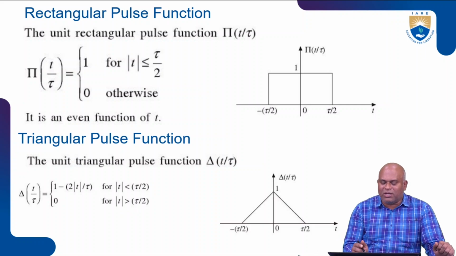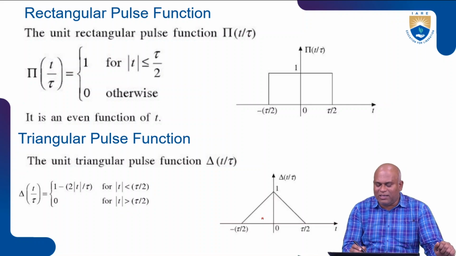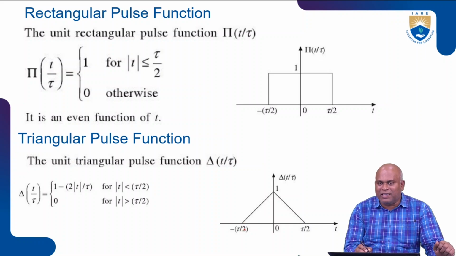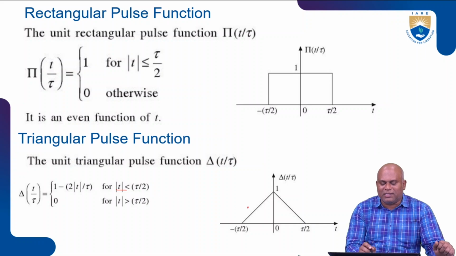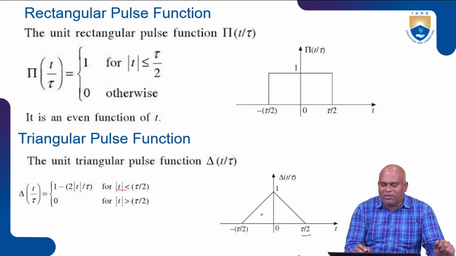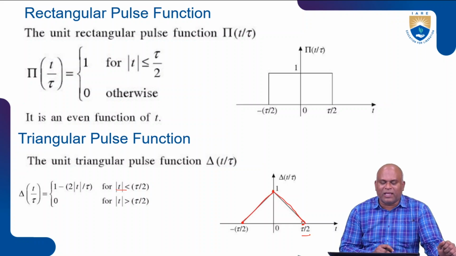So this is represented by the graphical model from minus τ/2 to plus τ/2. Outside this range the value is 0 on both sides. At 0 the amplitude is equal to 1. Then joining together all the intervals, we get the triangular pulse function.